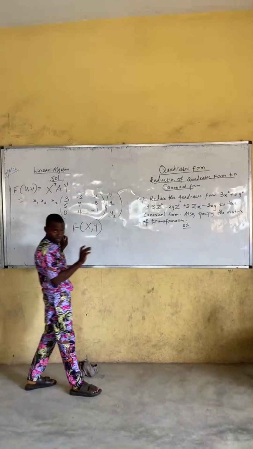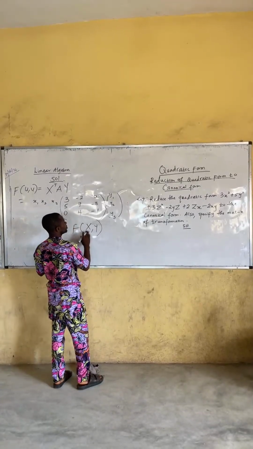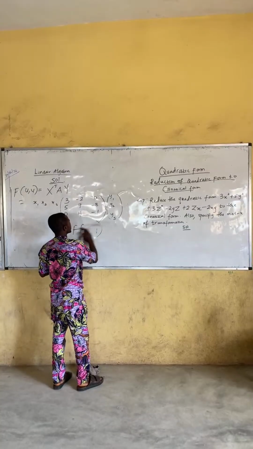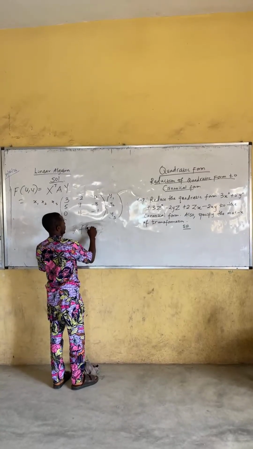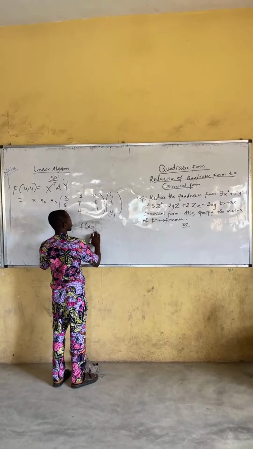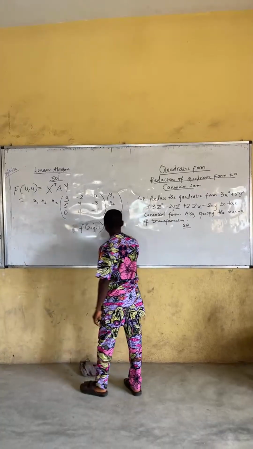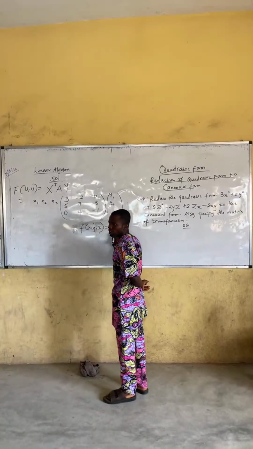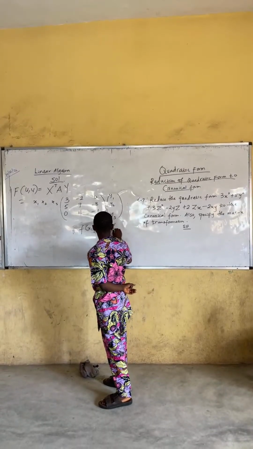But this one will be the mixture of the two, which means it will now be x, y, z, will now be equal to the transpose of x.